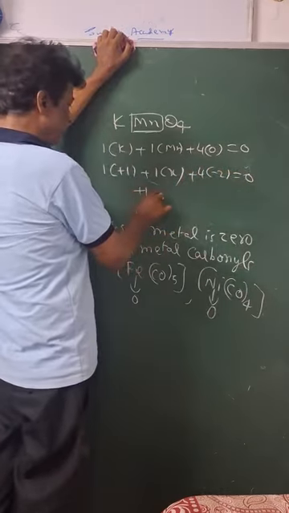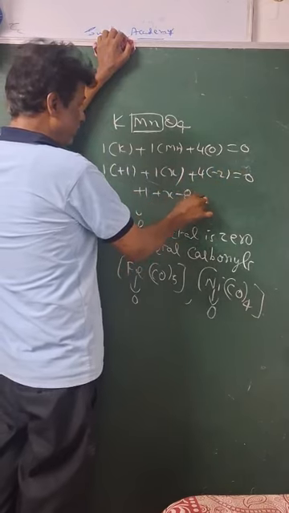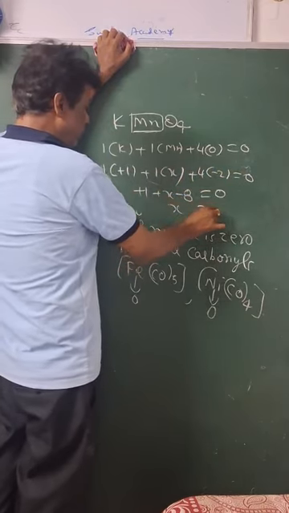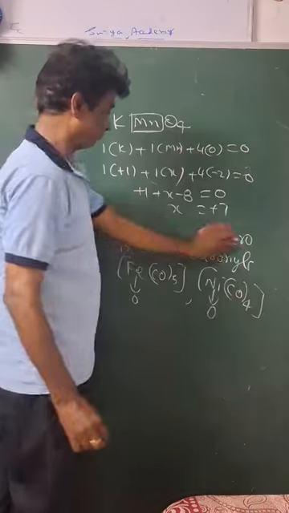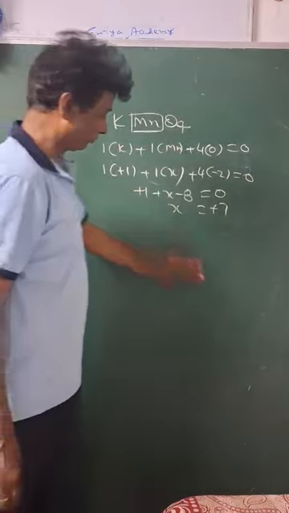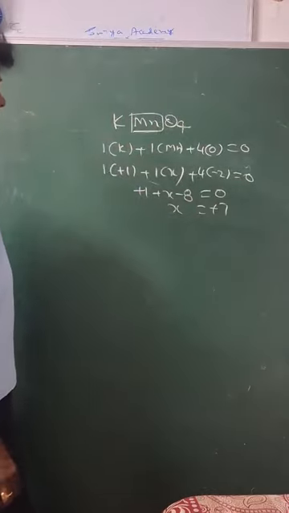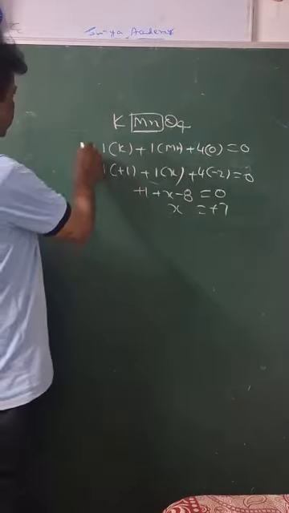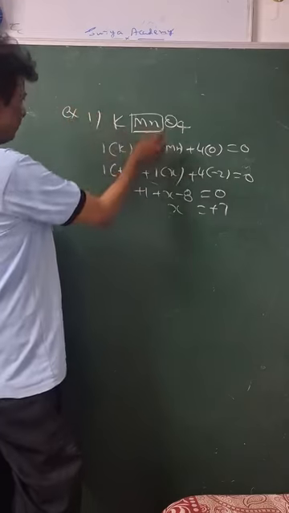So plus 1 plus X minus 8 is equal to 0. X is equal to plus 7. The oxidation number of manganese is plus 7.